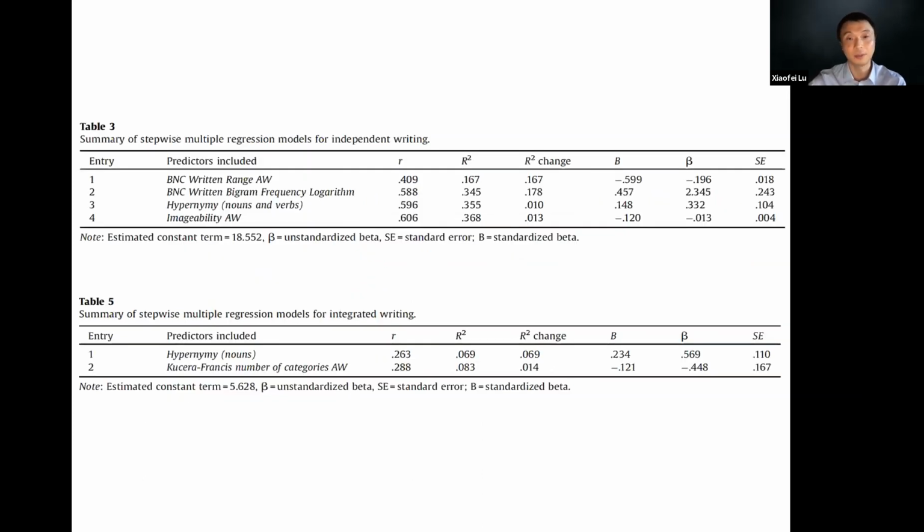Okay, and then similarly, a few other measures accounted for a fairly large proportion of variance in the independent writing in TOEFL, but a relatively smaller proportion of variance in TOEFL integrated writing. But I think the take-home message is that we do see measures from different categories contributing to accounting for variances in holistic scores.